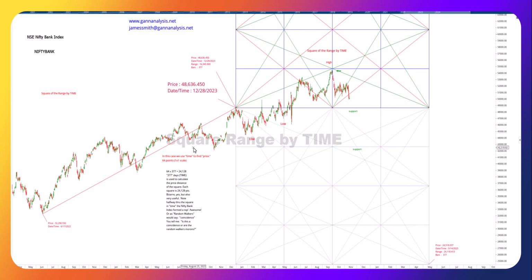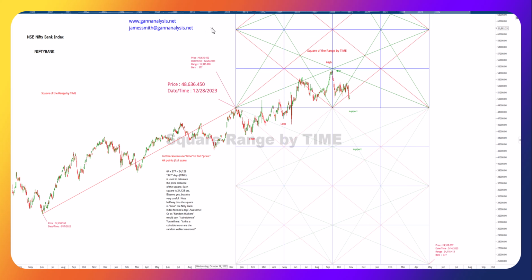And you multiply by the scale that we established for the 1 by 1, and that gives you 24,128. And that's the distance from this high to this low. That's the price distance of the square vertically, right? So horizontally, you have the time horizon, which will replicate that initial swing of 377 trading days. So that's how you create the square.